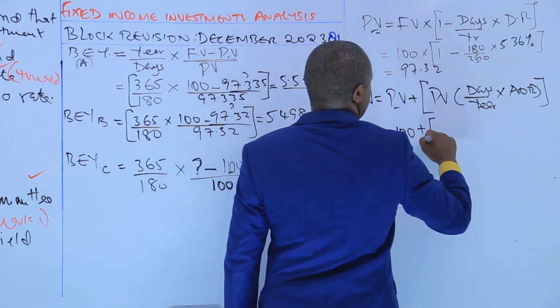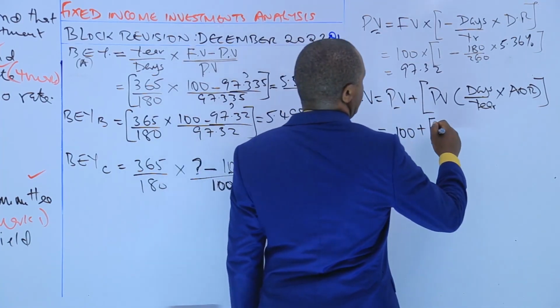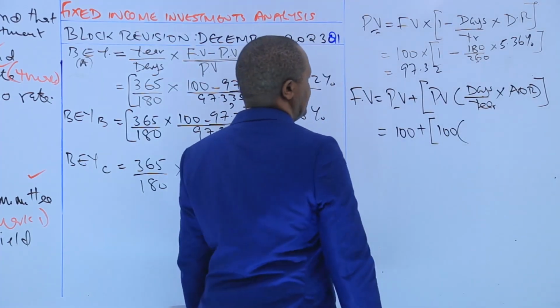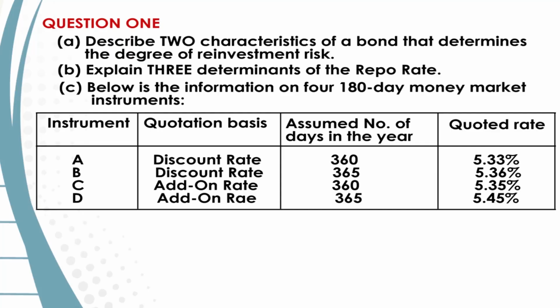plus PV 100 times the days. Look at instrument C. For instrument C, the assumed number of days is 360.